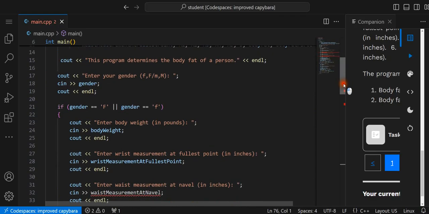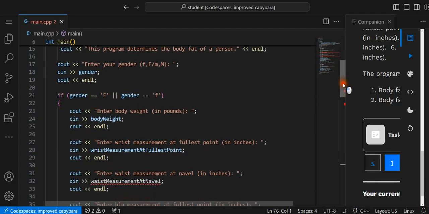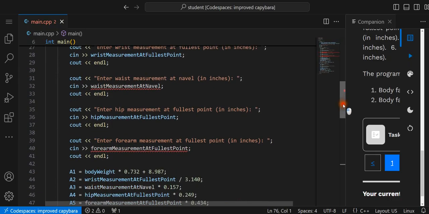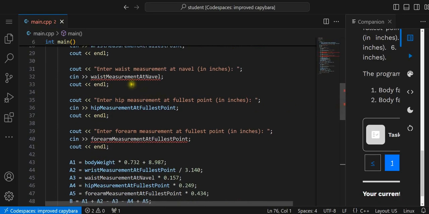Then this program determines the body fat of a person. Enter your gender. We use that format, and gender equals F or lowercase f. Enter body weight in pounds. Enter wrist measurement at fullest point in inches. Enter waist measurement at navel.